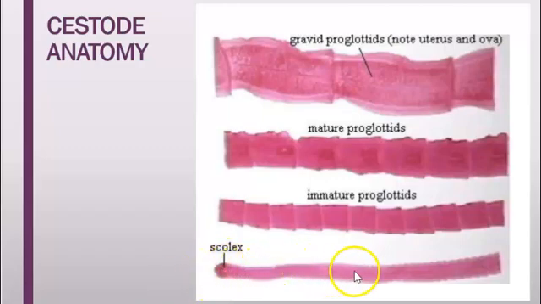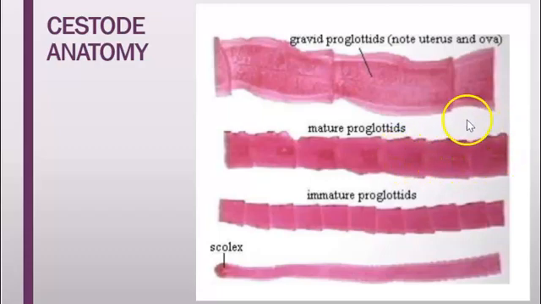And as it goes along, it's going to mature more and more. But right here, these sections or proglottids are smaller, so they're still immature. But as you go along, you see how the proglottids or sections are getting a little bit larger. So these are what's considered mature. So the sexual organs for both female and male organs, because again we're hermaphroditic, are mature at this point.